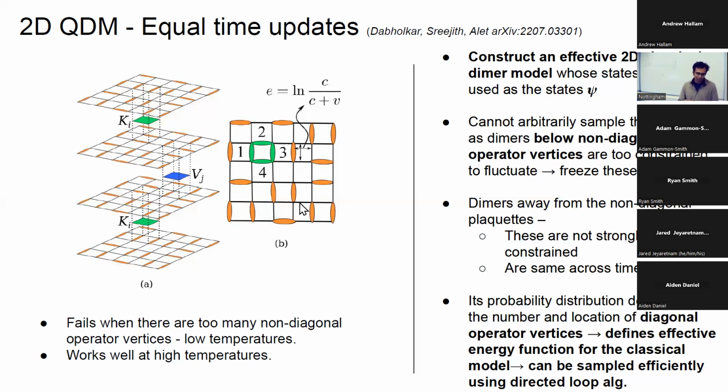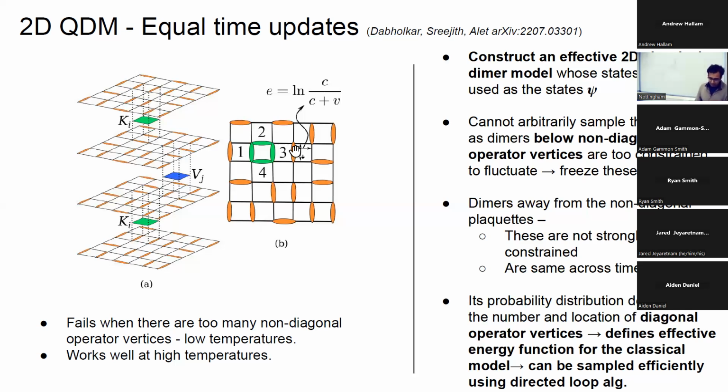At very low temperatures, the size of the system in the time direction diverges, and therefore the probability that there is a non-diagonal vertex on any of the plaquettes increases, and it essentially freezes the entire dimer configuration in the update phase.